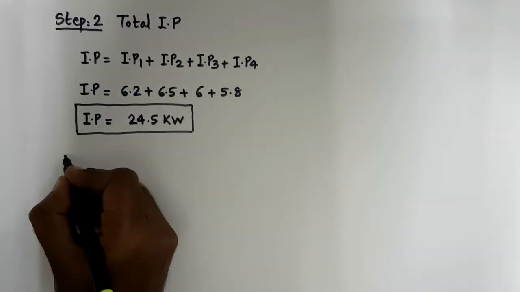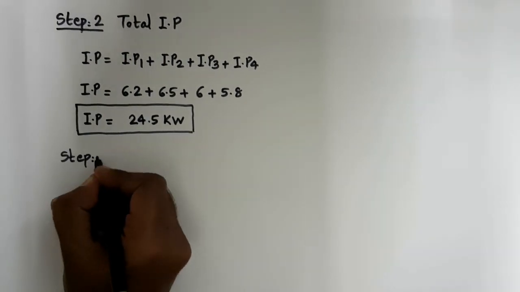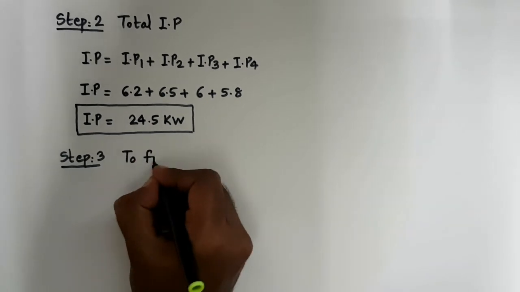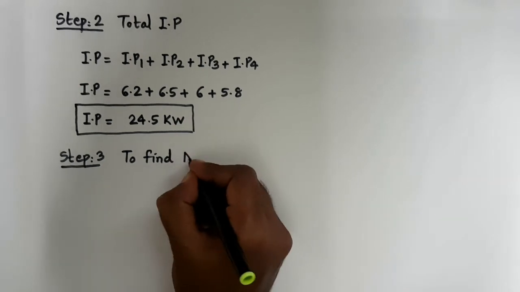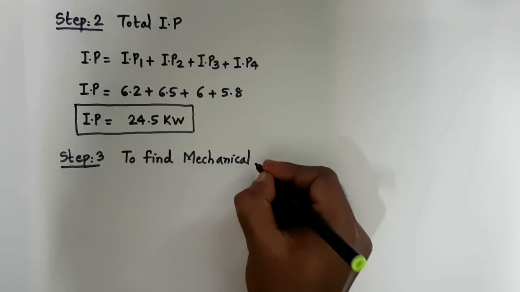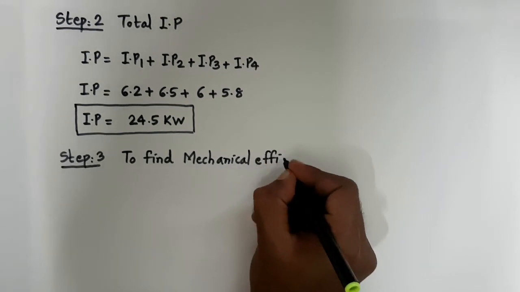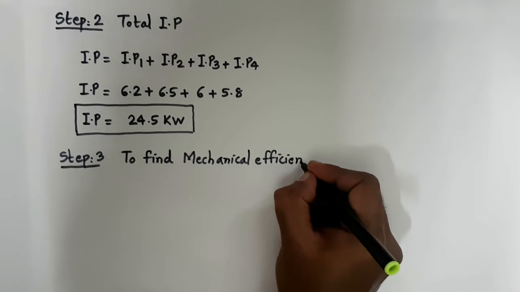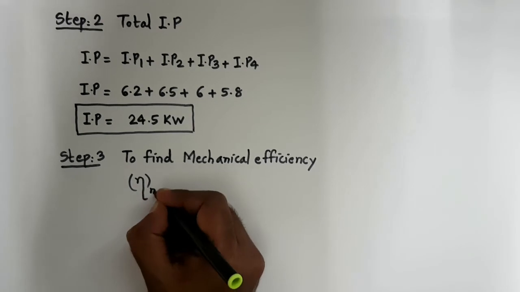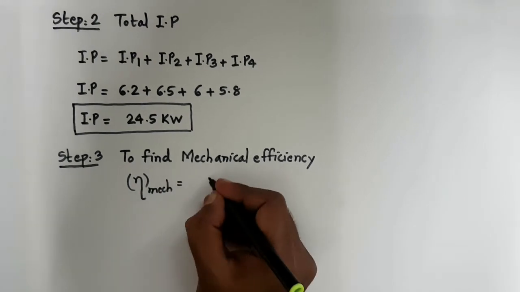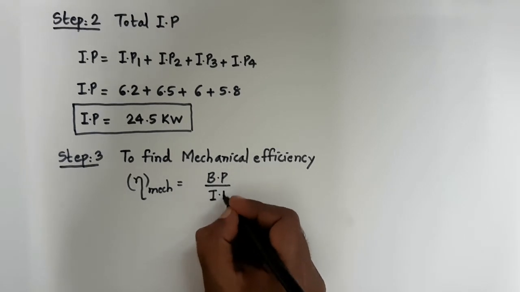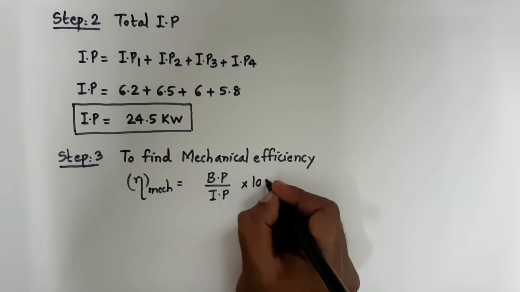Then step number 3, to find mechanical efficiency. Mechanical efficiency can be determined as equal to BP, the total brake power, upon the total indicated power, multiplied by 100.